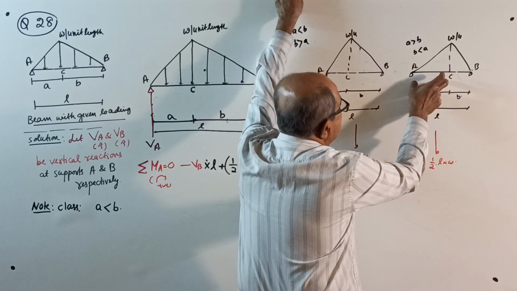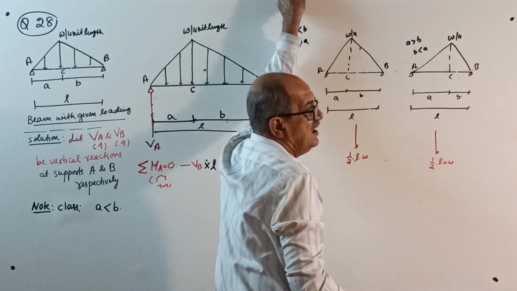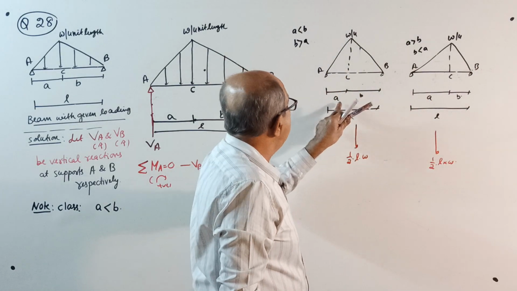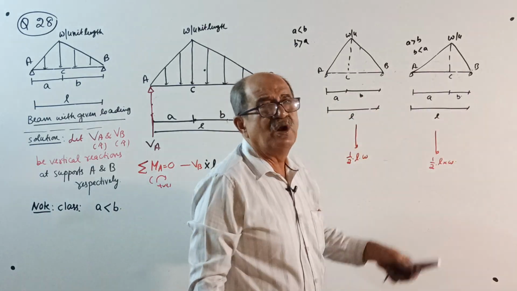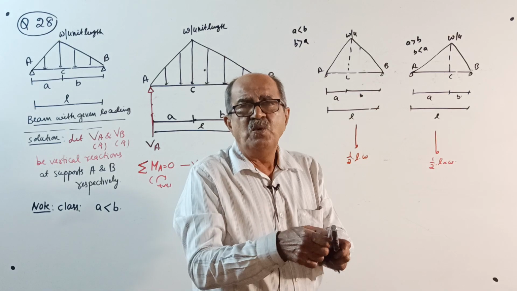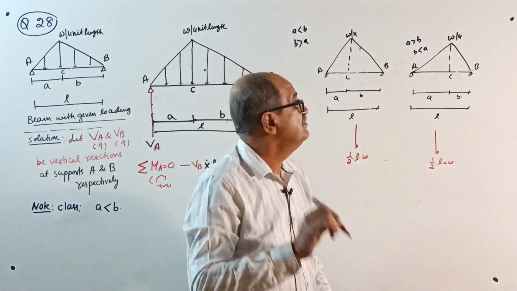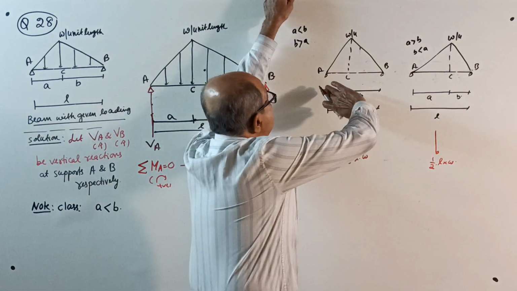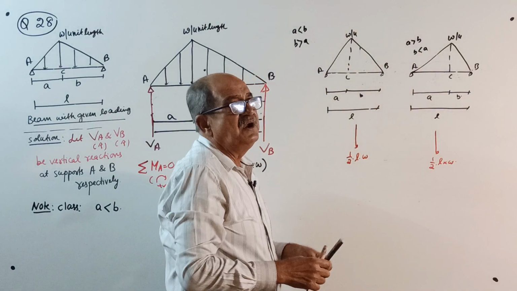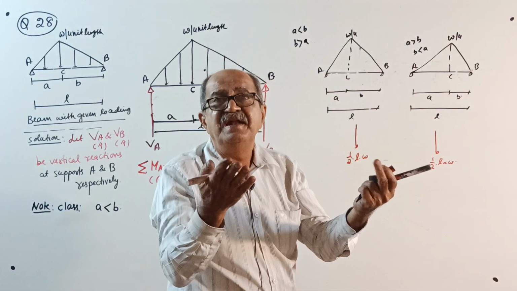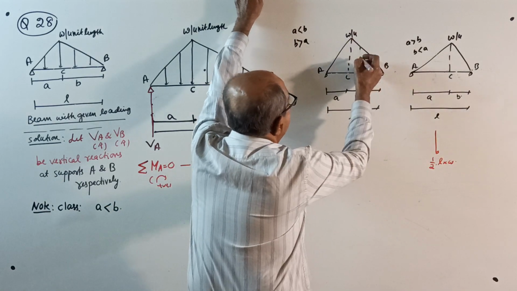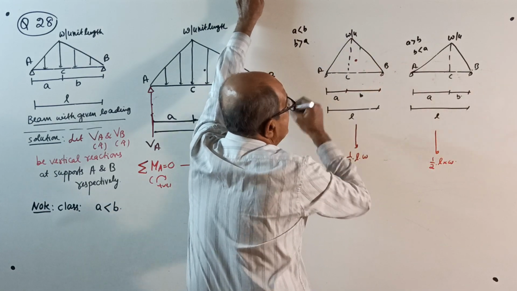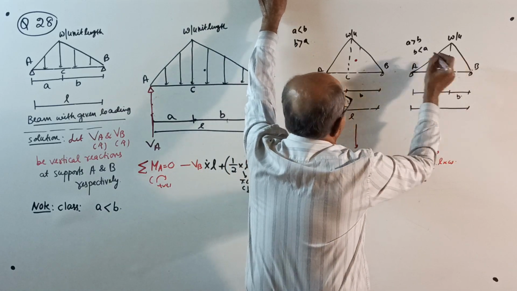Left side big distance, right side small distance. Actually, whether A is more than B or B is more than A, it is required only to mark the centroid. I told, if you consider the entire diagram, the centroid will lie on that side where area is more. So here, more area, here the centroid will be here. Here, centroid is here.